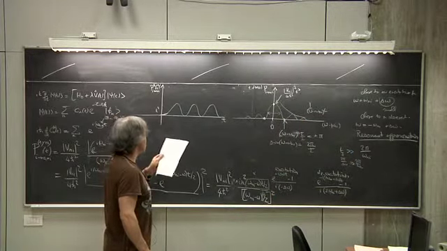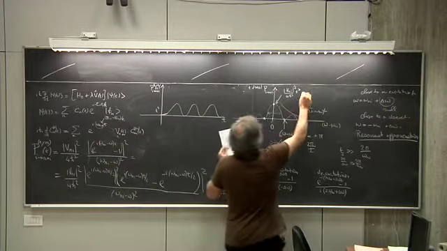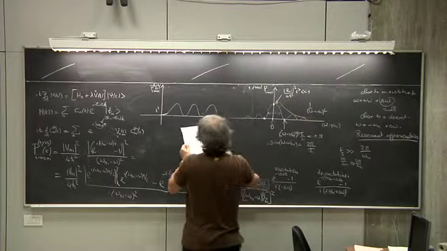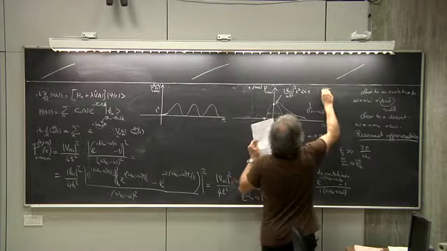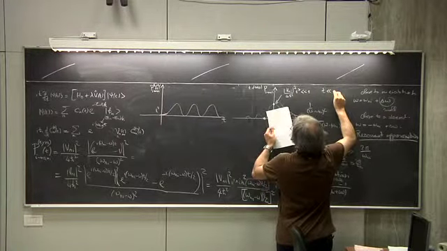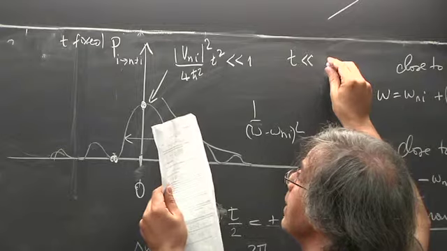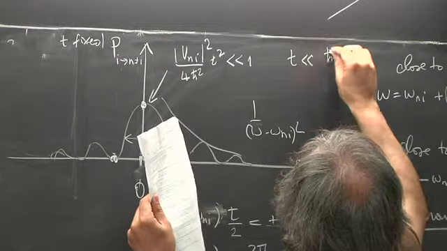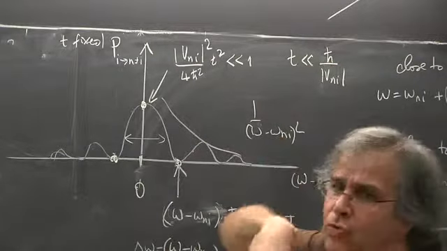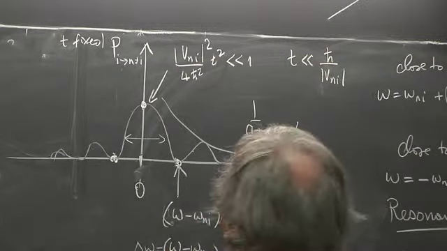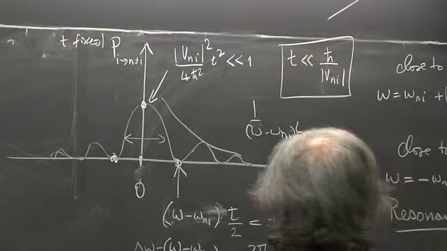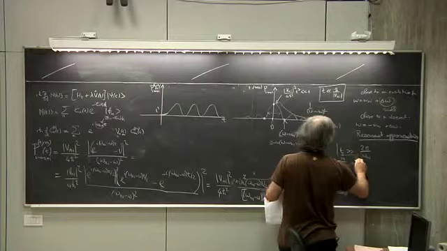On the other hand, you want this quantity to be much less than 1. And therefore, you also want t to be much less than what? Just read from the thing, h bar divided by V ni. Okay? There will be a factor 4, but that's not important. Okay? Order of magnitude is h bar over that. Okay? So both these things have to be satisfied.